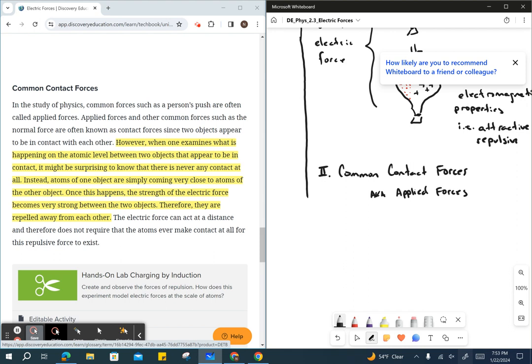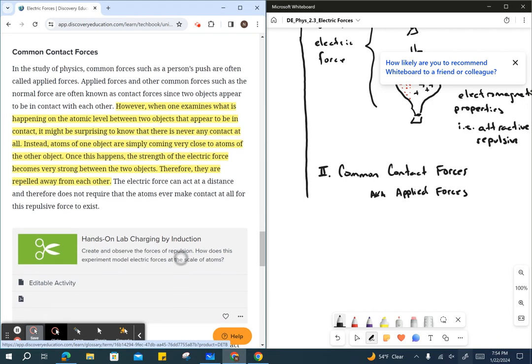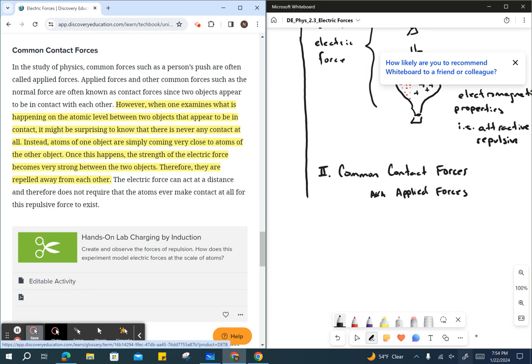But here's the interesting part in yellow. However, when one examines what is happening on the atomic level between two objects that appear to be in contact, it might be surprising to know that there is never any contact at all. Think about that. There is never any contact.